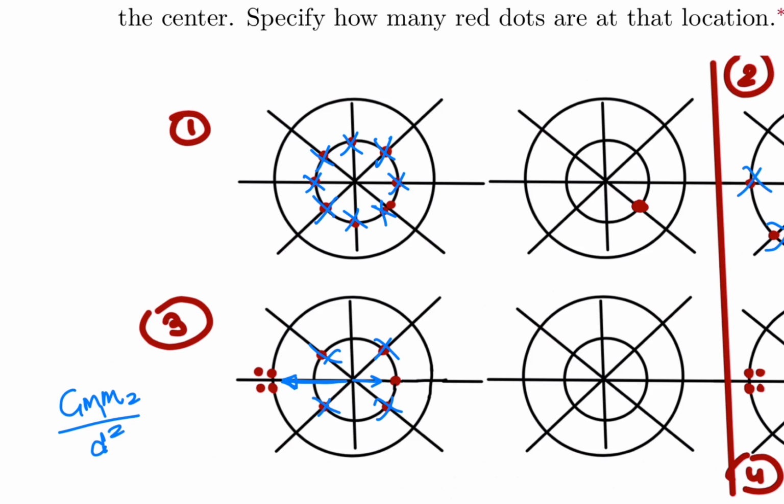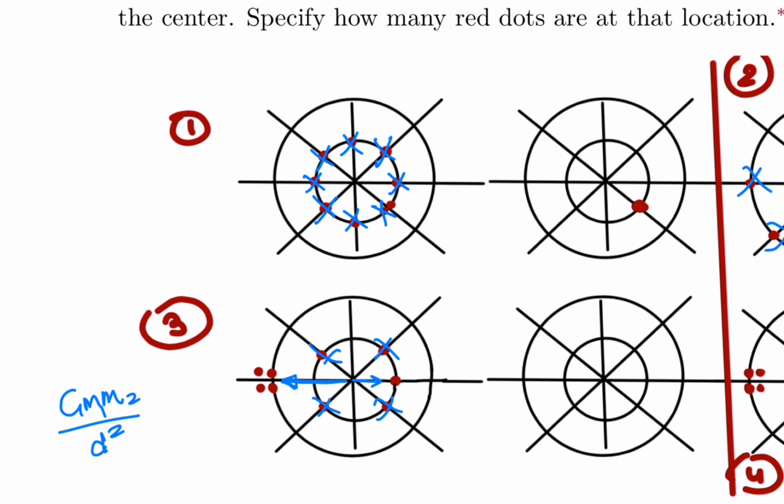Since it's G m m over r squared, the particles that are twice as far away exert 1/4 the force. The denominator doubles, but then you square it, so the overall force goes down by a factor of 4, or it's 1/4 as strong.